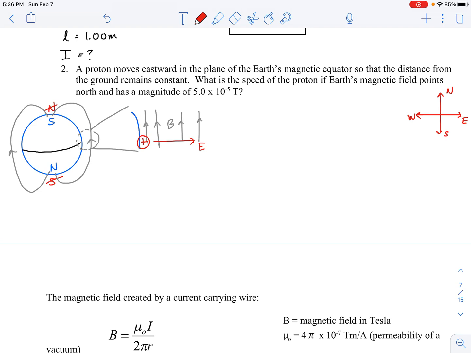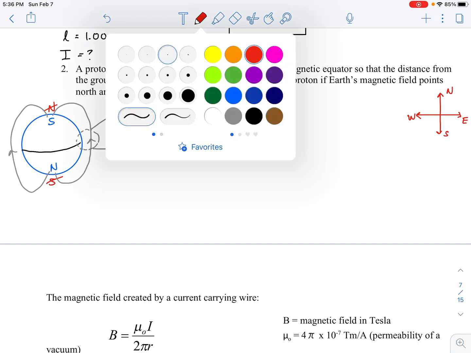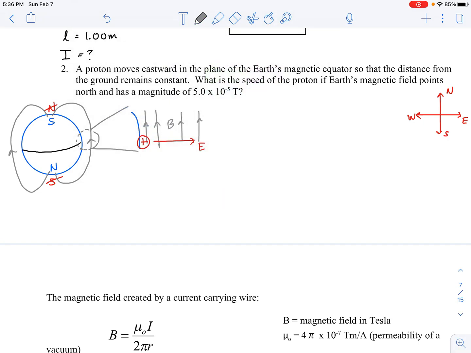Anyway, okay, so we've got that. We've got the magnitude of the magnetic field: 5.0 times 10 to the negative fifth Tesla. And I've got some information that's not listed here. The mass of a proton is 1.67 times 10 to the negative 27th kilograms.